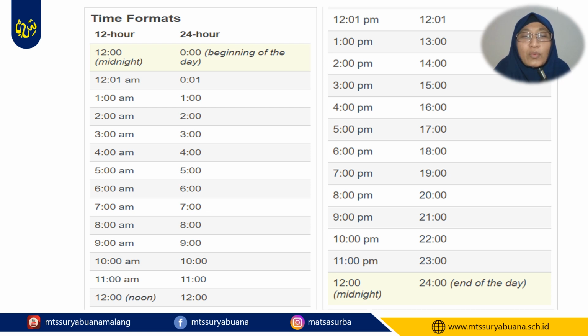When it's 12 at the time we are sleeping, or midnight, we just say it as 12 midnight. But when it's already 1 minute after 12, we read it as 1 minute past 12 AM, and so on until 12 at noon or lunch time.